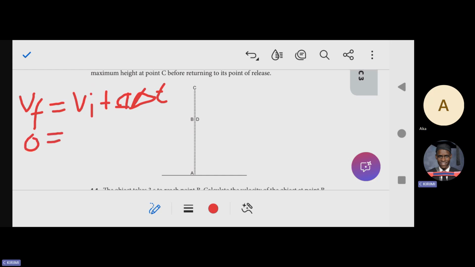Then V initial? I used 50. I thought it's from B to C. No, it's from A to C. The V initial is still the same, 50 positive, plus acceleration. I took upwards as positive, so it's negative 9.8, times delta T. So what is delta T equals?